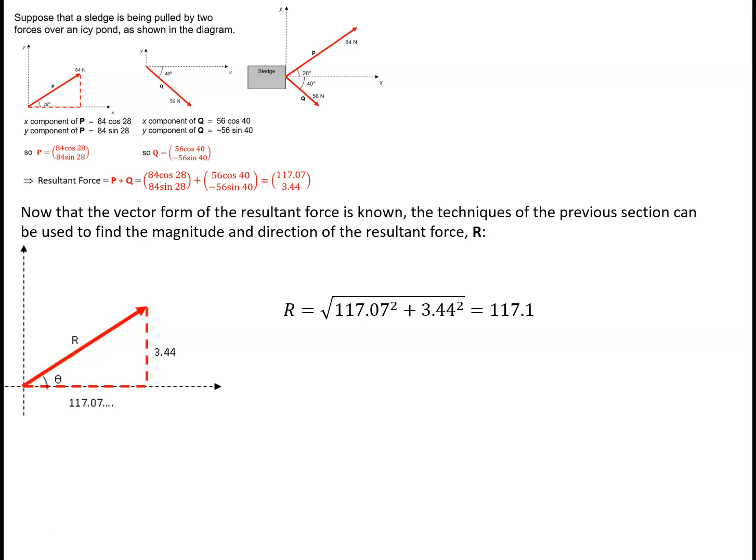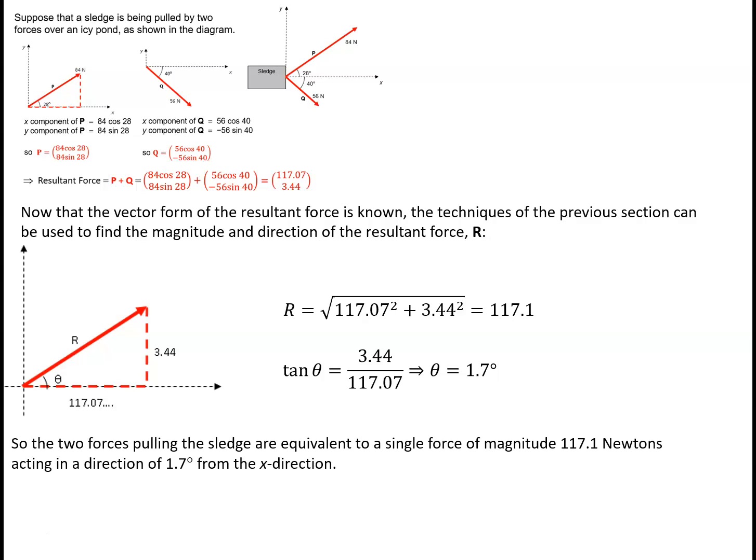The angle that it makes with the positive x direction is theta, and we've got tan theta is 3.44 divided by 117.07, and that gives me theta equals 1.7 degrees.